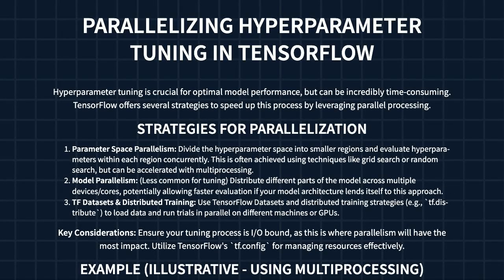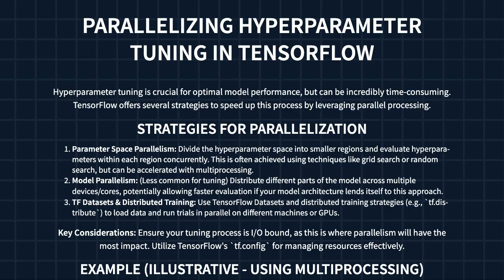Okay, let's talk about speeding up hyperparameter tuning in TensorFlow. Finding the best settings for your model can take a really long time, so we need to be smart about it. There are a few key ways to do this. First, you can divide the possible combinations of hyperparameters into smaller chunks and evaluate them simultaneously using multiprocessing.